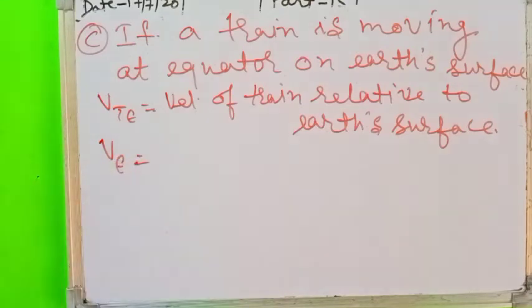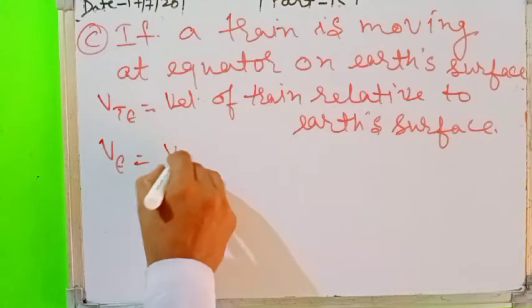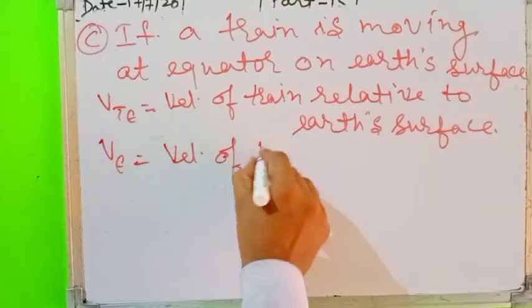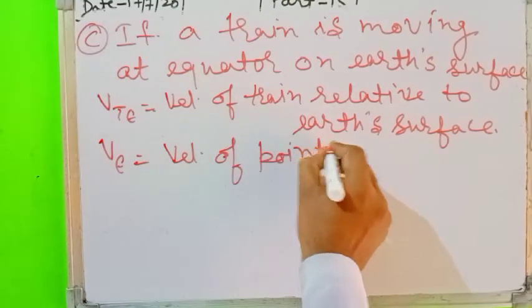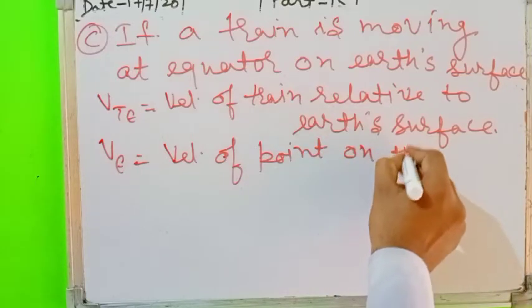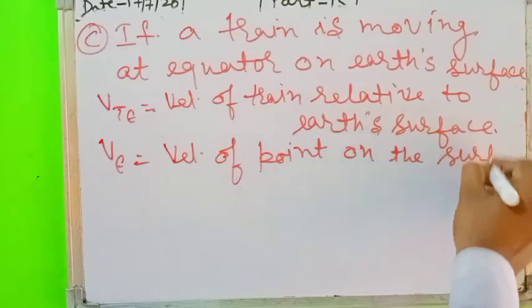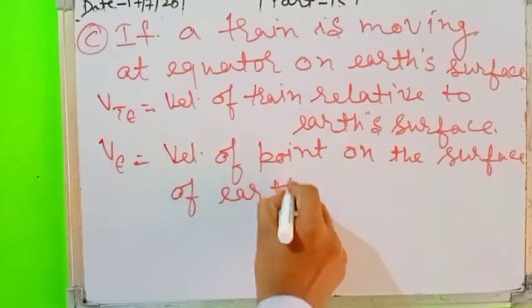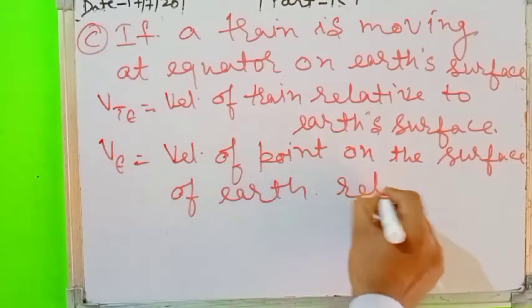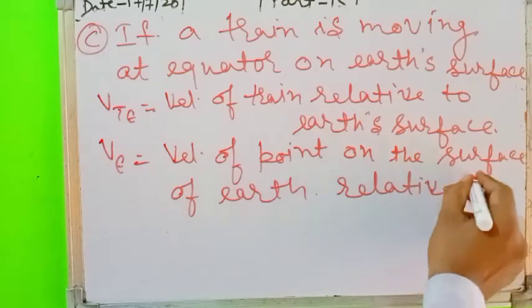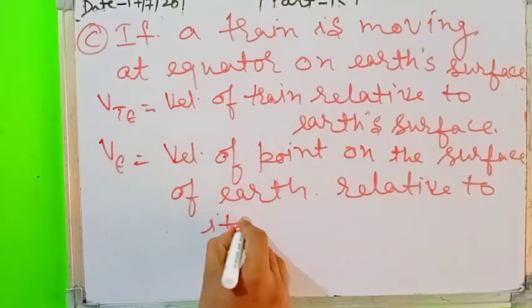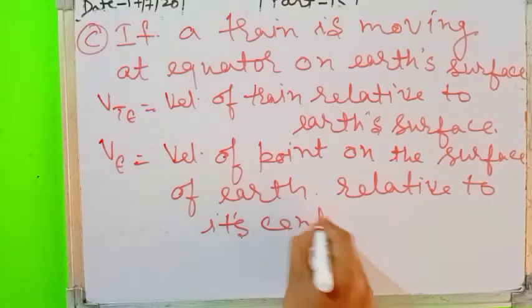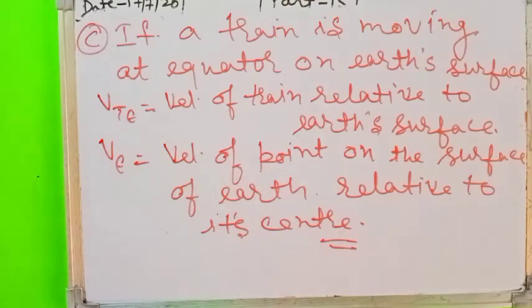VE, velocity of a point on the surface of Earth relative to its center.